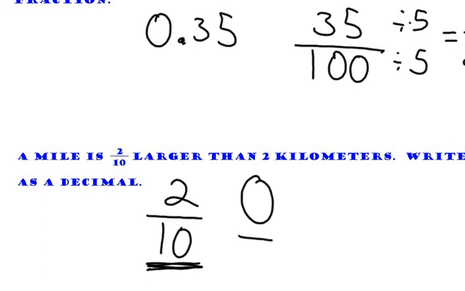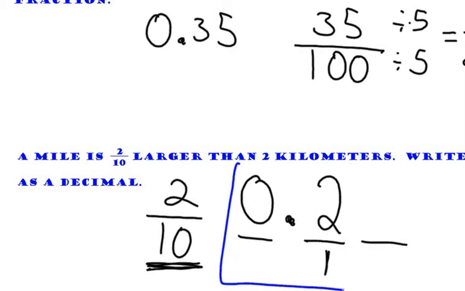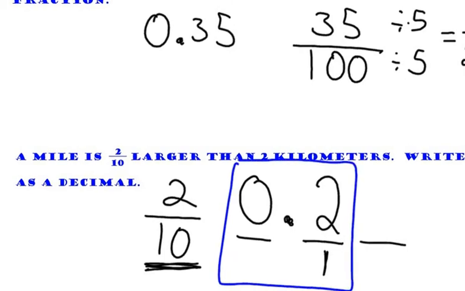We have our ones, we have our tenths, and we have our hundredths. We just looked at that the other day. And here we see tenths. So we're working with this place value right here, and it says 2/10. So we're going to put 2 in the tenths column. And just like that, we have our decimal of 0.2, or 2/10.